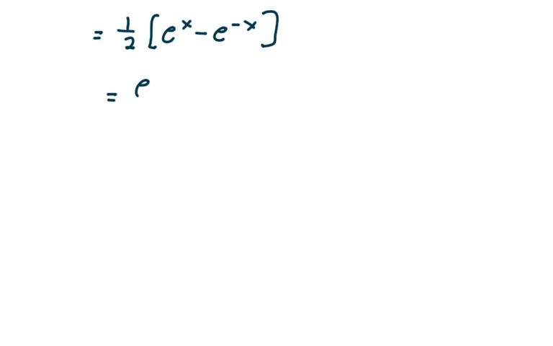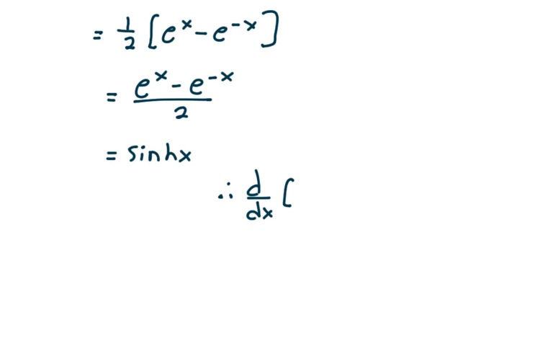And if you don't mind, I'm going to write this as e to the x minus e to the negative x divided by 2. And that's equal to sinh x, which is what we wanted. And so therefore, the derivative of cosh x, again with respect to x, I can't stress that enough, is equal to sinh x.